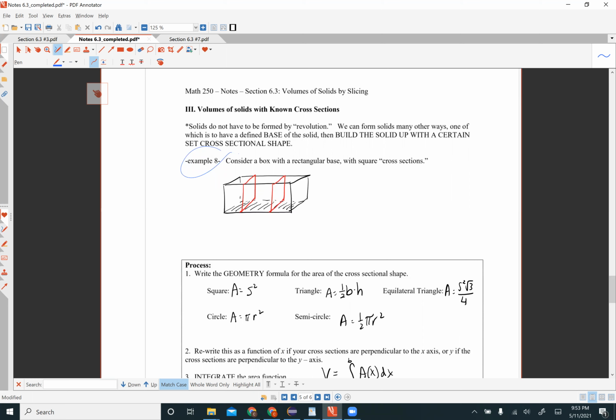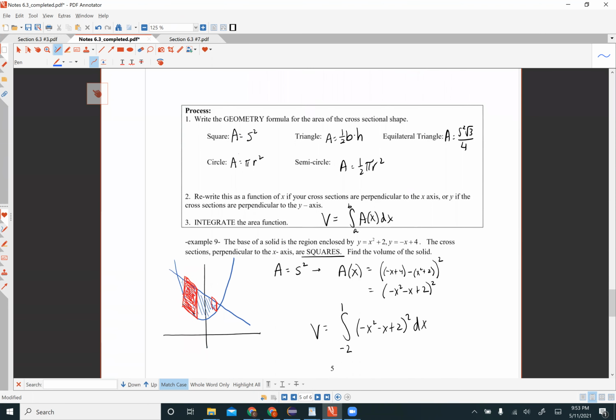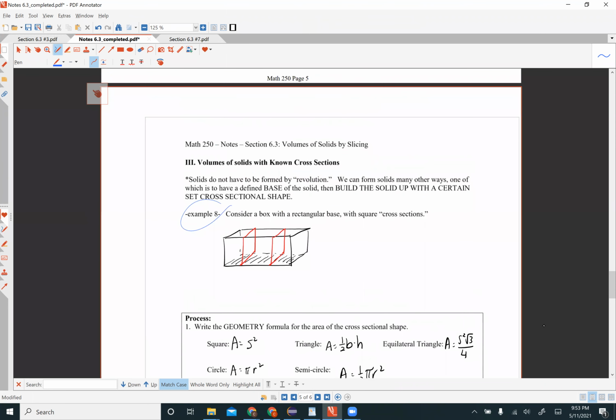The dimensions may change, but computing the area of the cross section is the same problem. Sometimes these can be hard to visualize.